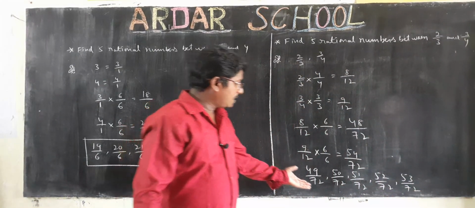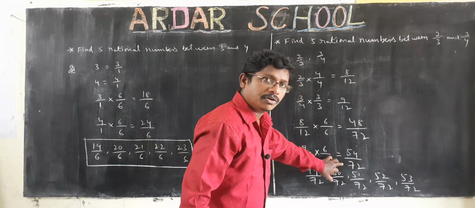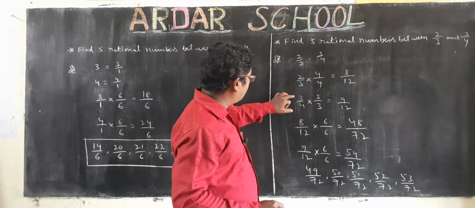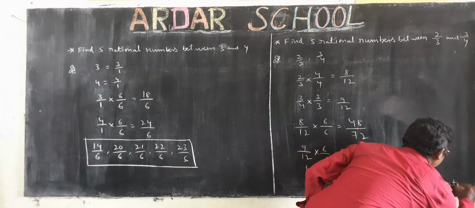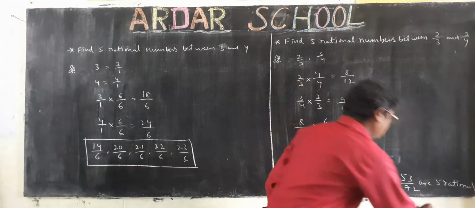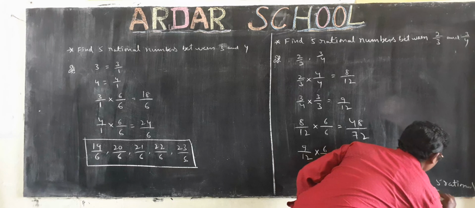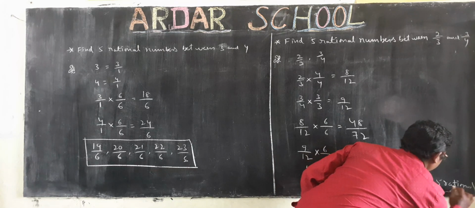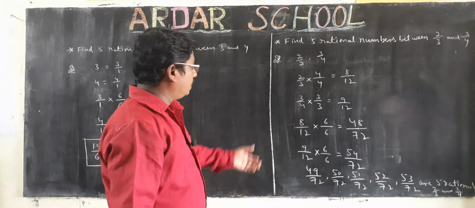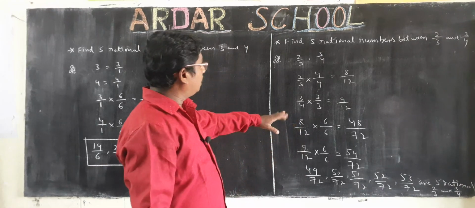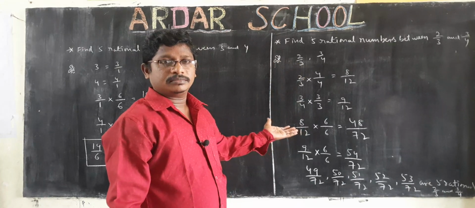These 5 rational numbers are between 48 by 72 and 54 by 72, that means between 2 by 3 and 3 by 4. Like this, you have to find an infinite number of rational numbers between any two rational numbers. Is it clear?